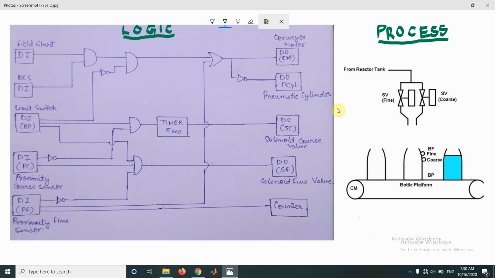In the logic circuit, now let us understand the logic circuit in detail. Initially, when the process starts, input from all the sensors would be 0. So the input from the limit switch would be 0, as well as the input from the proximity coarse and proximity fine sensors would also be 0.